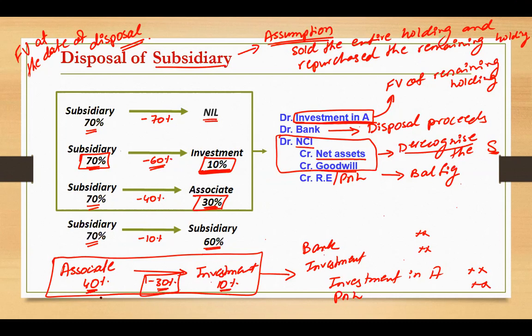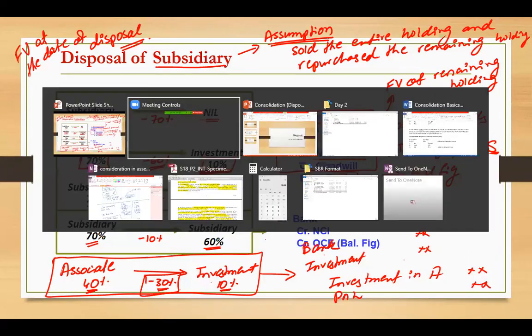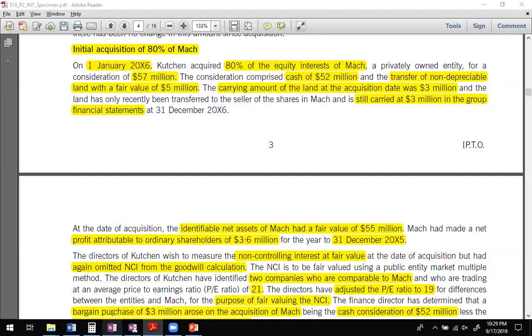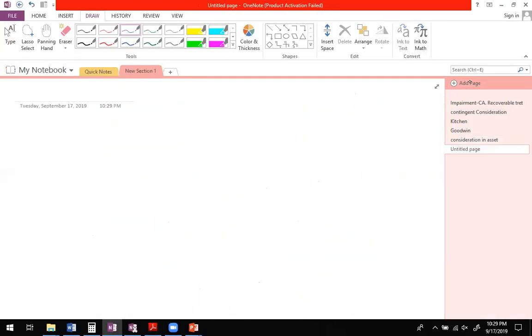So now if we discuss the last case, from subsidiary to subsidiary, the accounting will be a bit different in this case. Let me use the OneNote for that. Let's suppose we have a subsidiary where we have 70% of the shares and we disposed of 10% of the shares to get 60% remaining holding.